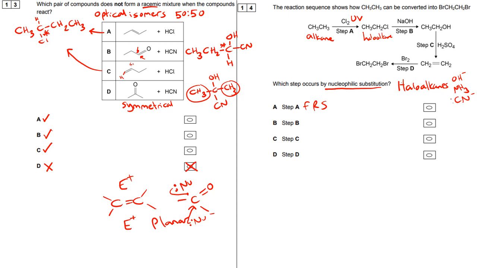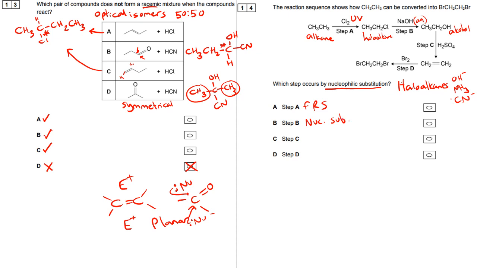Step B, we have a haloalkane and we're going to an alcohol. This will happen provided the sodium hydroxide is dissolved in water, if it's an aqueous solution. The OH substitutes for the chloride, the hydroxide ion acts as a nucleophile. So step B is nucleophilic substitution.